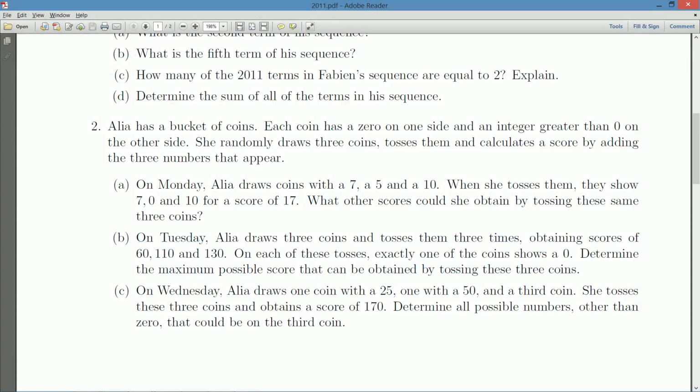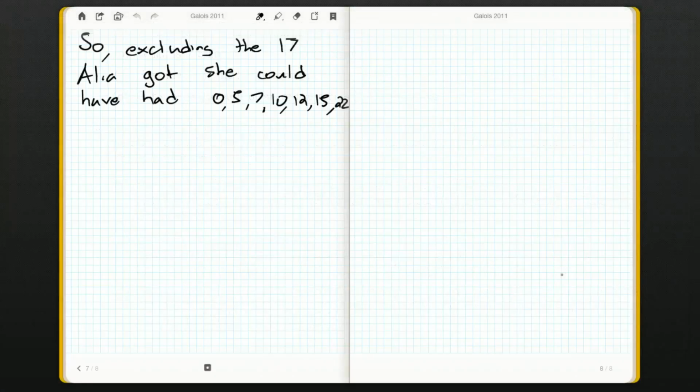Well, I don't know what the values on these coins are, so what I'm going to do is give them names. I'm going to say the first coin has 0 or A on it. The second coin has 0 or B on it.